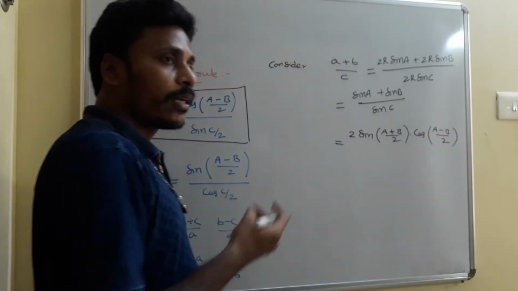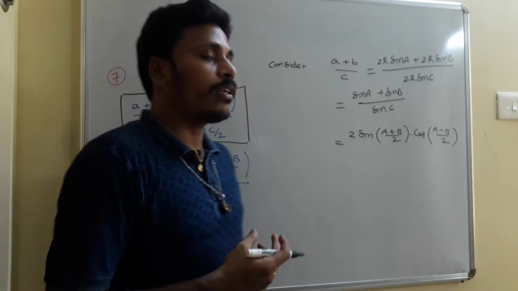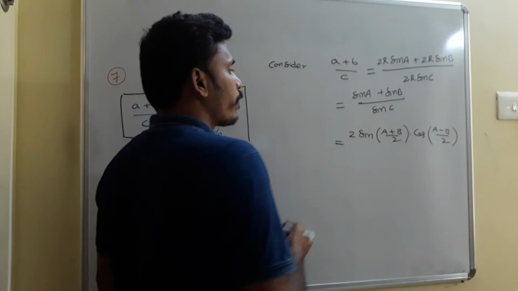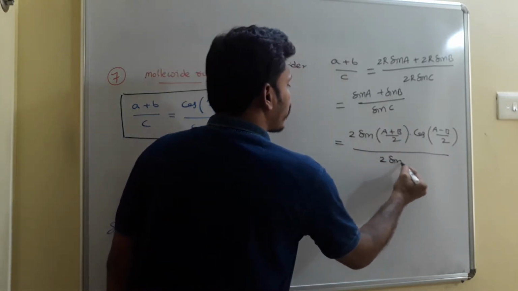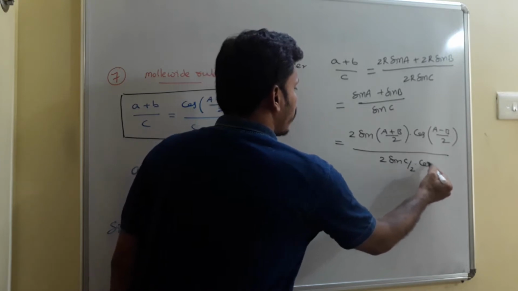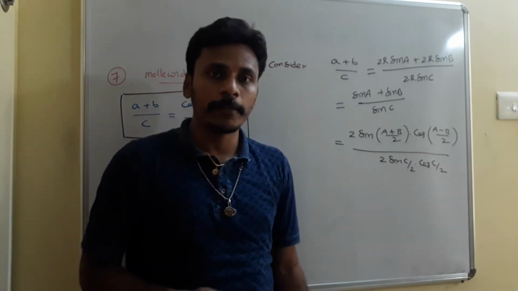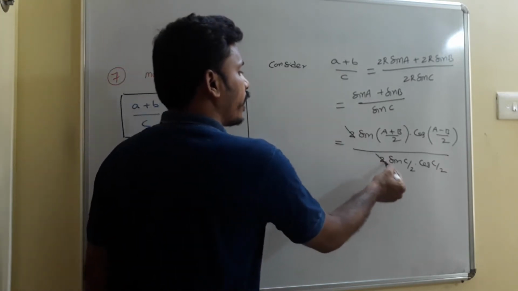Is it clear? That's from the trigonometric transformations. So this is divided by sin c, and I will write that sin c as 2 sin c by 2 into cos c by 2. Clear? Right. And the next step, how to do? This 2 and 2 will get cancelled.